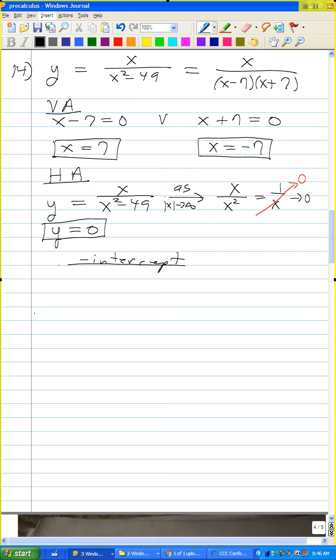To find the y-intercept, I'll set x equal to 0. So the y-intercept is at 0, 0. Therefore, the x-intercept is also at 0, 0. Okay, so we have 1 point.